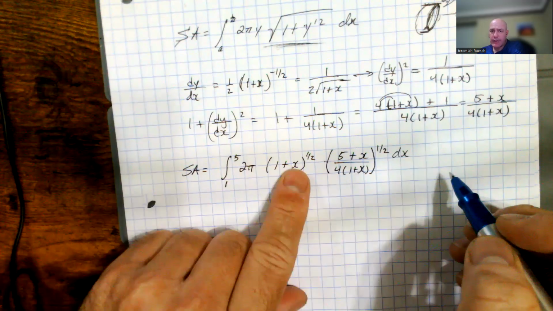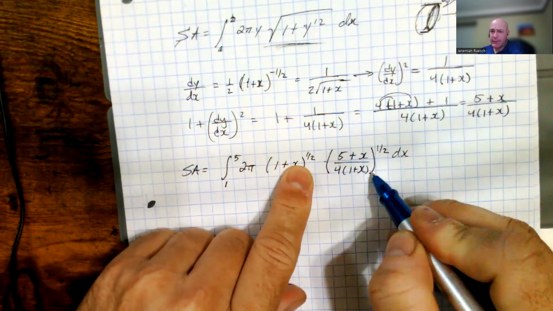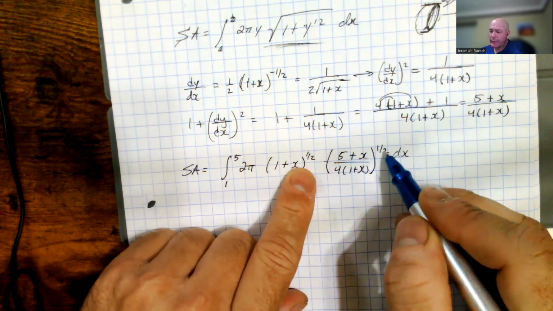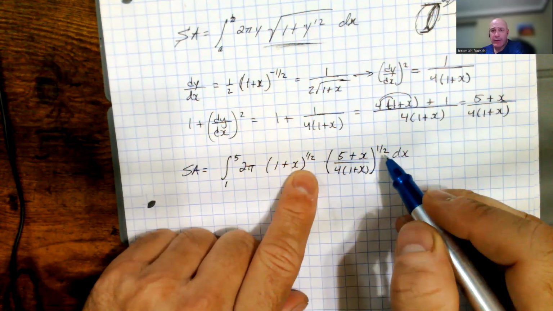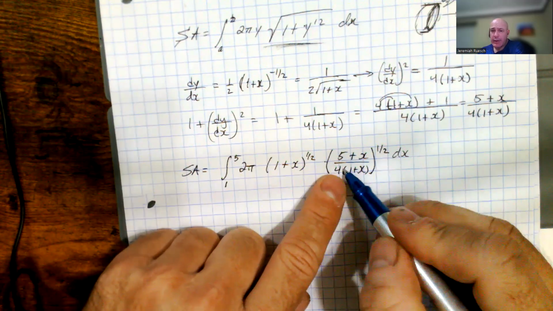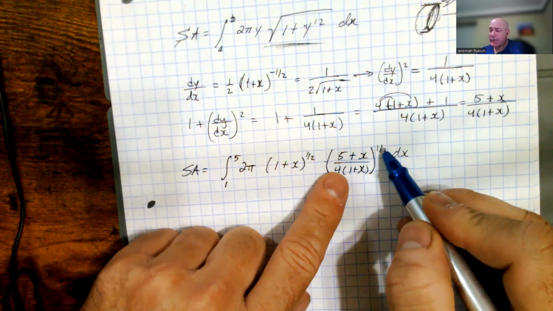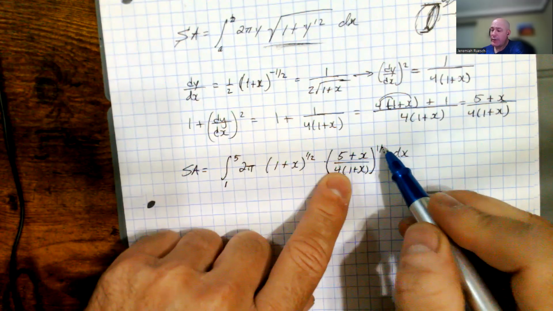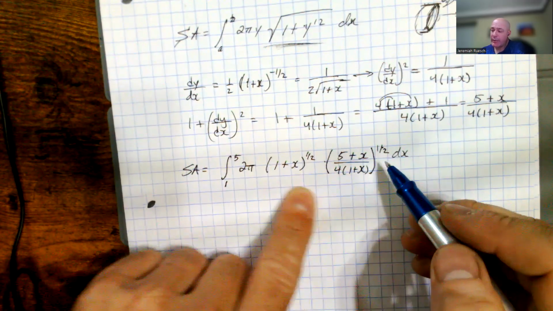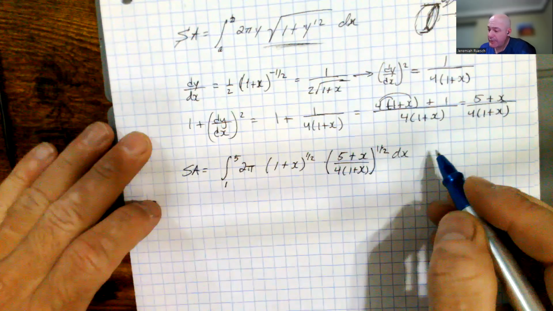Now, you may notice here that this and this, if I write it in a little bit more suggestive form, something really, really nice is going to happen. Likewise, 4 to the 1/2 power, in other words, the square root of 4 is 2. So pulling out the 2 and this term, I'm going to actually pull those all the way out just to kind of show where this is coming from.